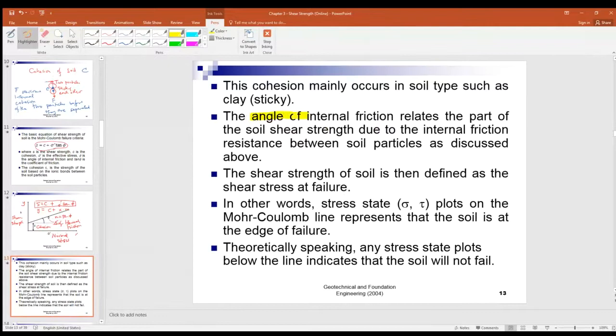It's the friction between the soil particles. And then you have the cohesion here.